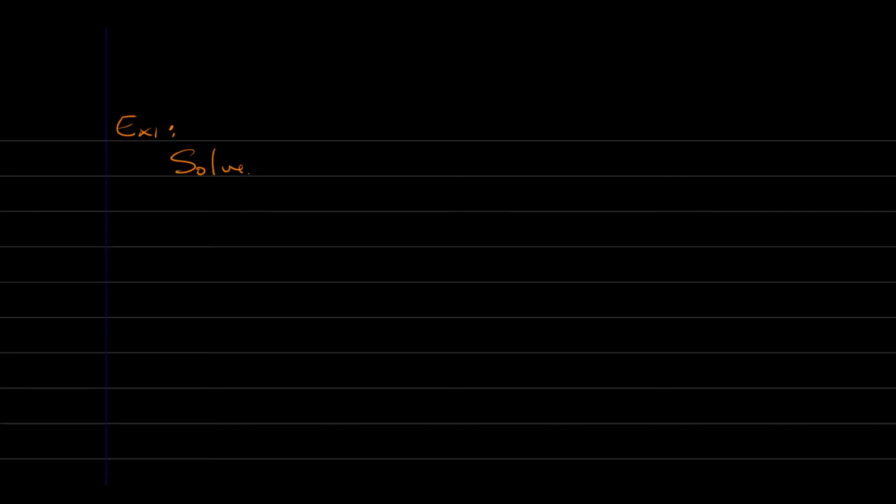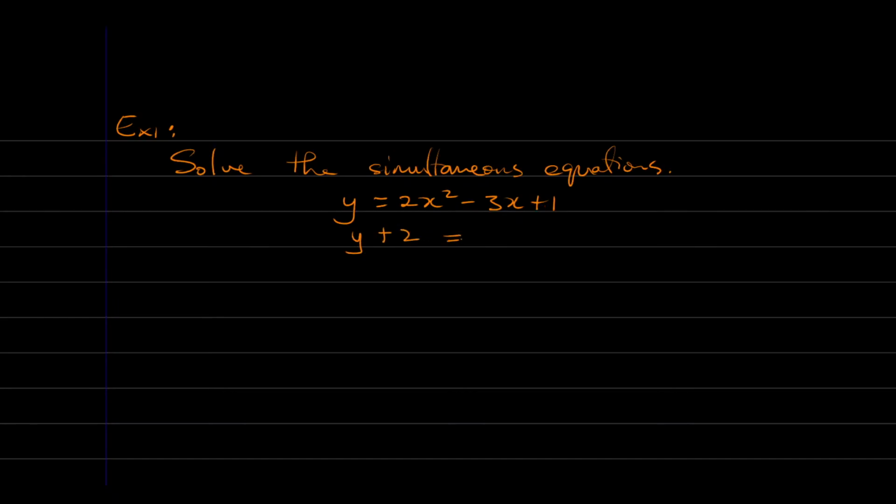Solve the simultaneous equations y equals 2x squared minus 3x plus 1, and y plus 2 equals 4x, right?